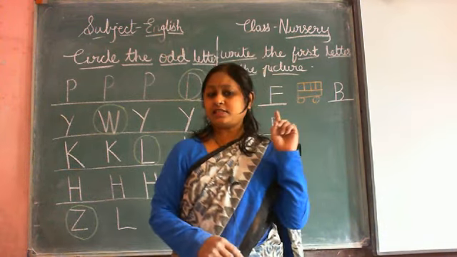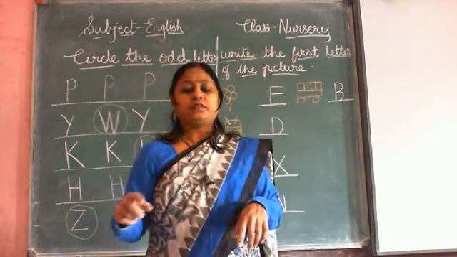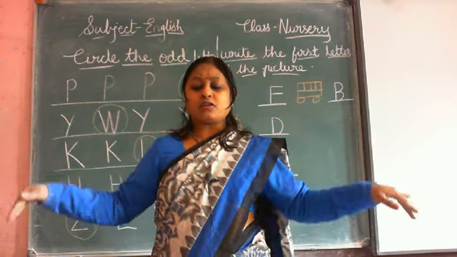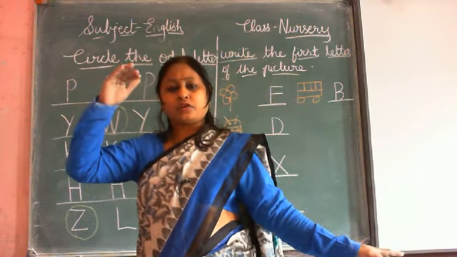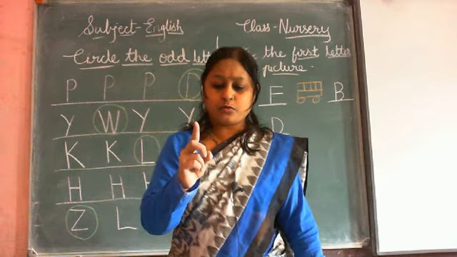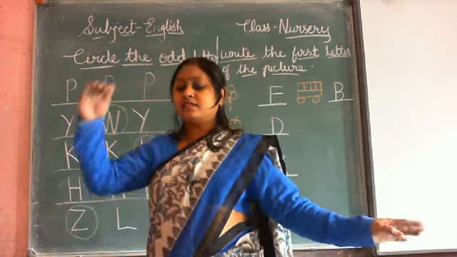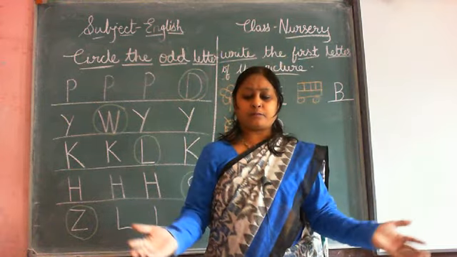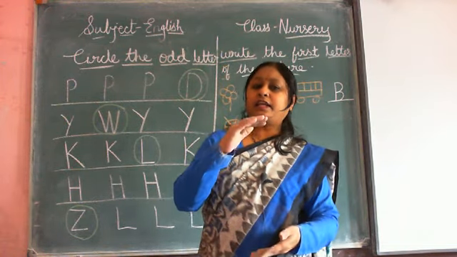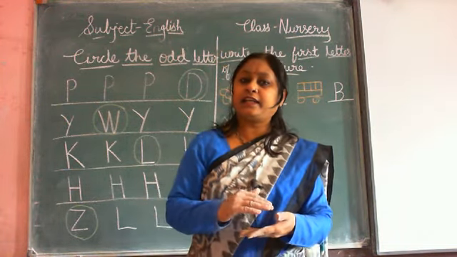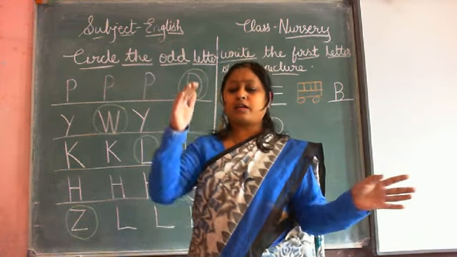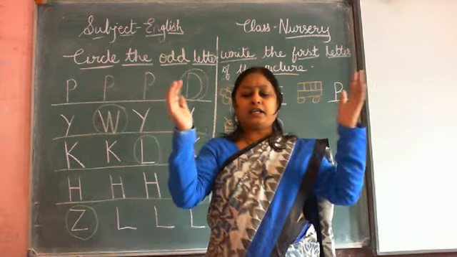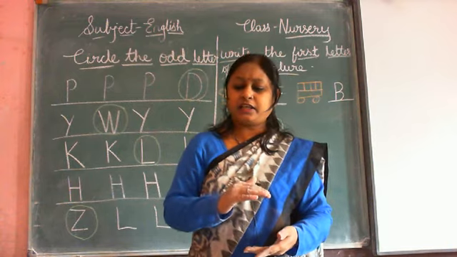Now we will revise thirsty crow. A crow was in search of water. He saw a pot containing less water in it.